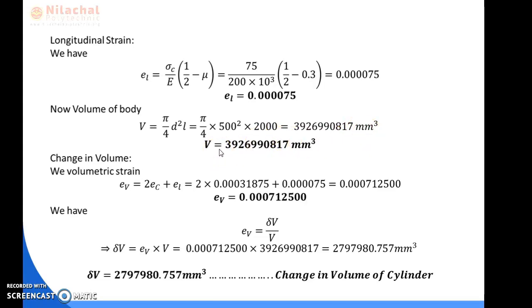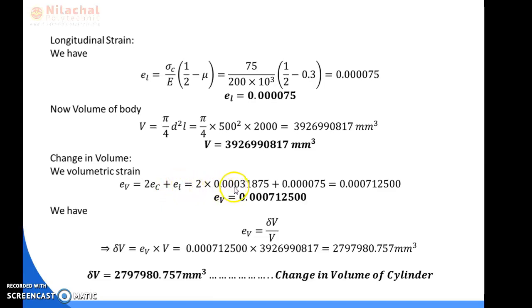Original volume is found as 3926990817 mm cube. Go for calculation of change in volume. Change in volume can be obtained from volumetric strain. Volumetric strain is calculated as 2 times circumferential strain plus longitudinal strain.